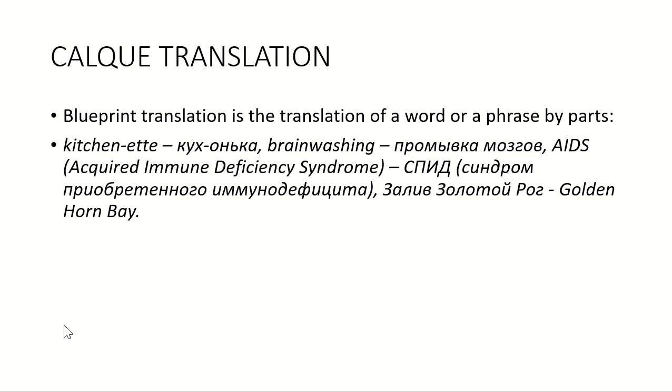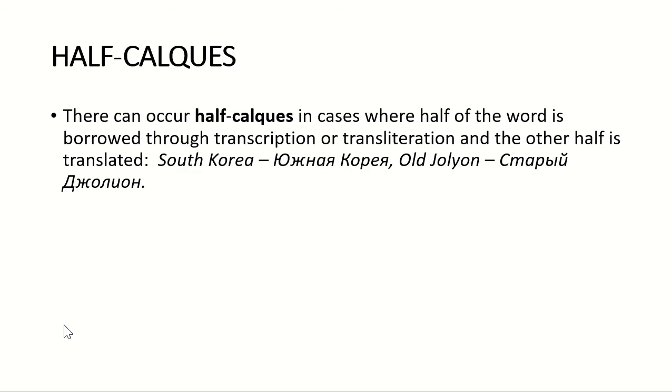Then you can see an example of a word combination, the name of an illness. The same method, calque translation, is used to translate Zolotoy Rog, Golden Horn. There can also be half calques, in cases where half of the word is borrowed through transcription or transliteration and the other half is translated.